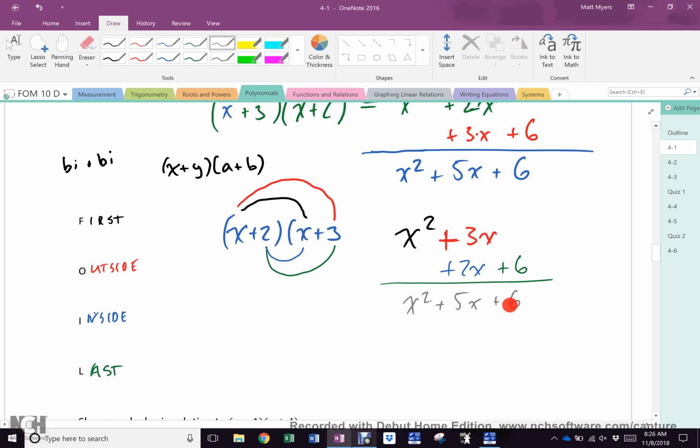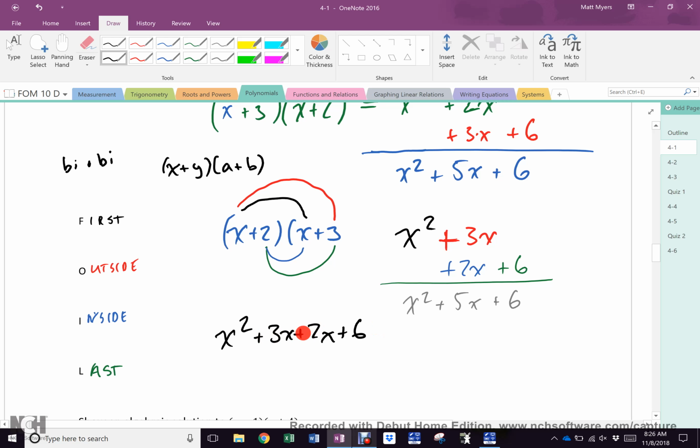Now, how many of you have seen FOIL before? Okay. How many of you had a teacher that stacked FOIL up like this? Okay. My bet is your previous teachers said this. Plus 3x plus 2x plus 6. Wrote it all in one line. No problem. 3 plus 2, easy peasy, it's 5.